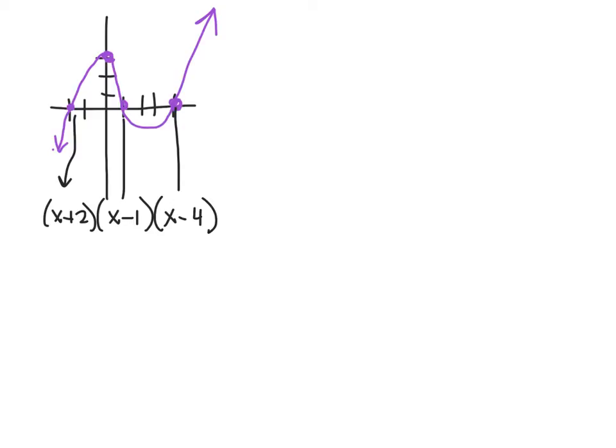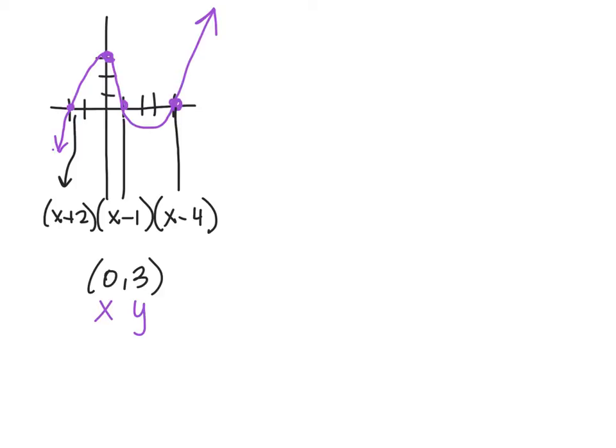And if I multiply all of these out, I would actually end up with an x cubed. So I have a cubic. So again, we're going to be looking for a. We don't know what a is, but I do have the y-intercept, which is (0, 3).